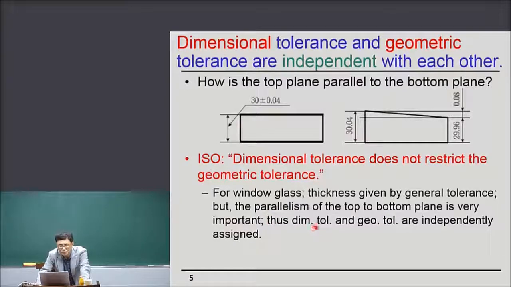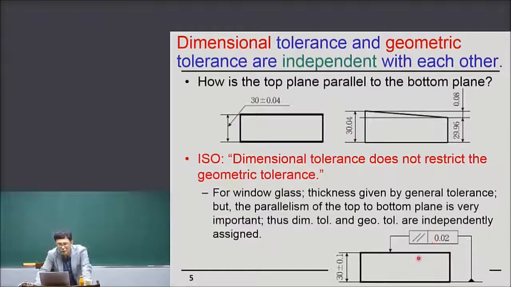Thus, dimensional tolerance and geometric tolerance are independently assigned. It's very reasonable. So in this drawing, 30 plus minus 0.1 is a general tolerance for the thickness. But this is the symbol which means parallelism, which I will talk about in detail in a later slide, so don't worry about it.